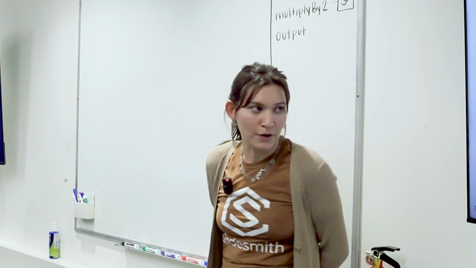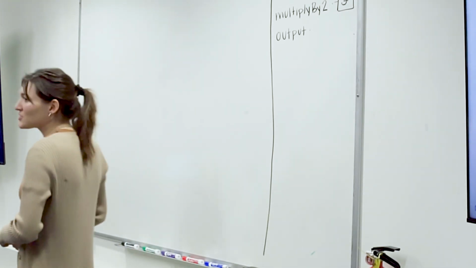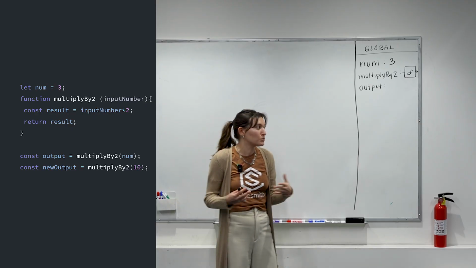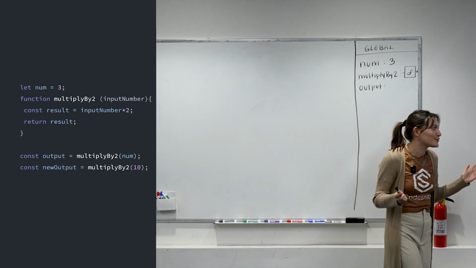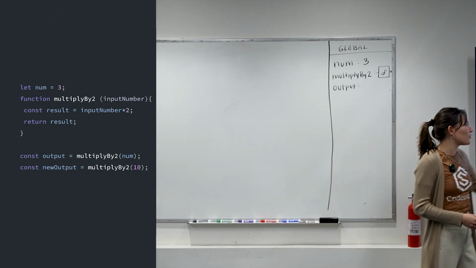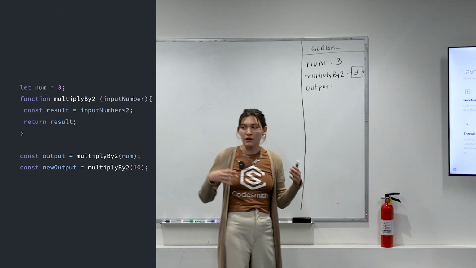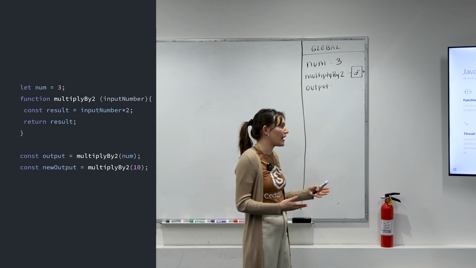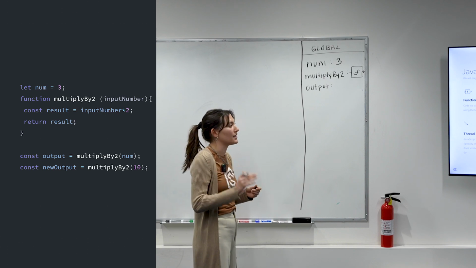We might know, if we multiply the number 3 by 2, that is going to be the number 6. But our computer doesn't know that. Our computers are smart, but they're only as smart as we program them to be, which I think is pretty cool. So we've declared this variable output, and we are setting it to be what we call the evaluated result of invoking multiply by 2 and passing in num, as Dennis said, as an argument.